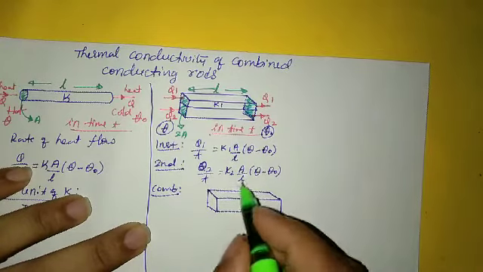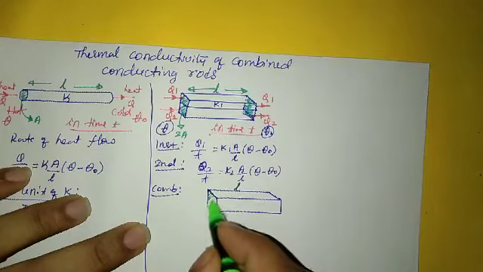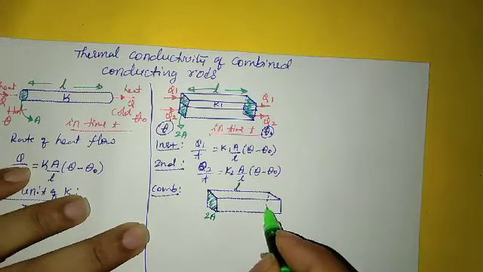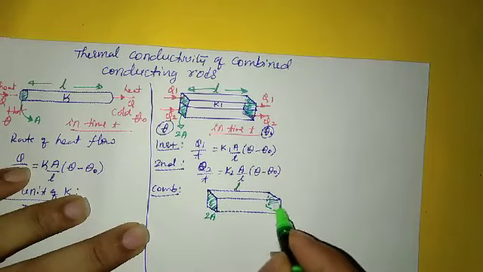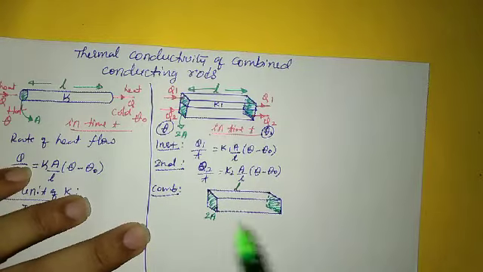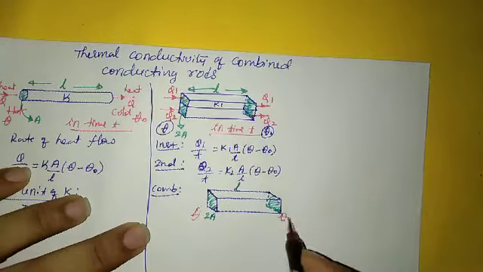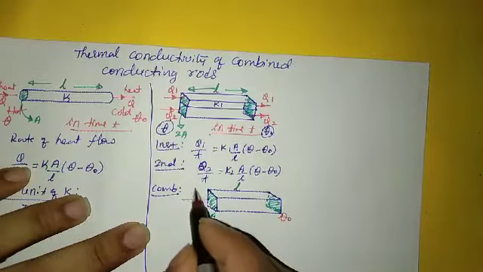This is again of length L, and the area I wrote is 2A. The temperature difference is again the same, theta and theta O. The heat flow will be taken as Q.